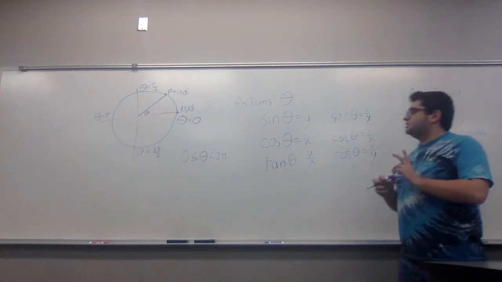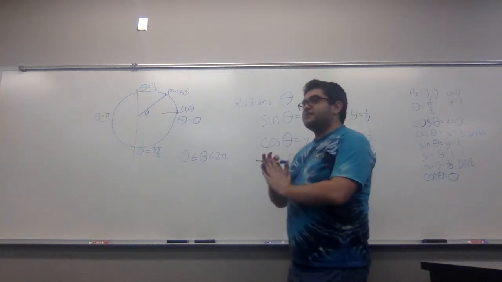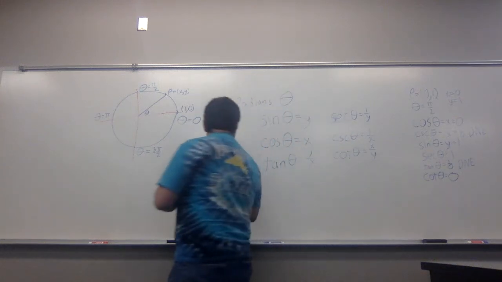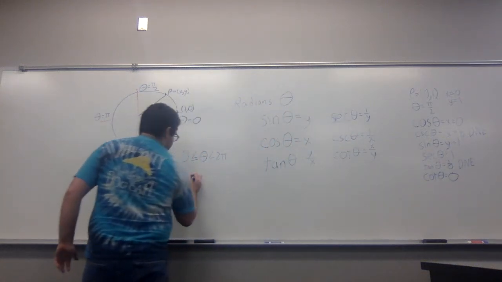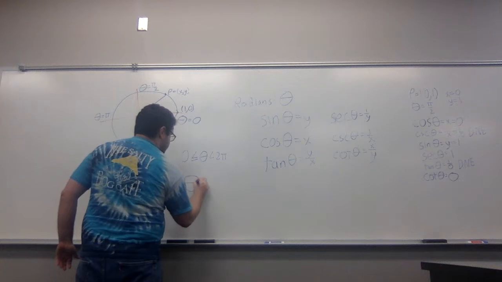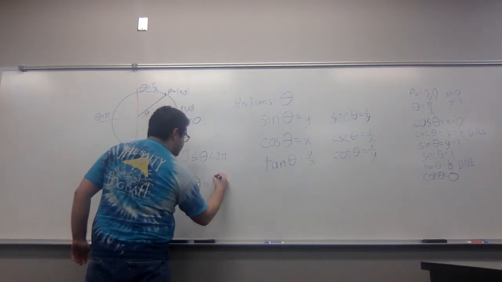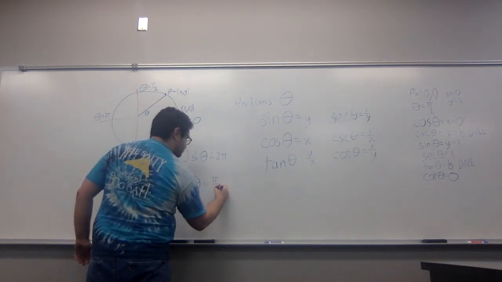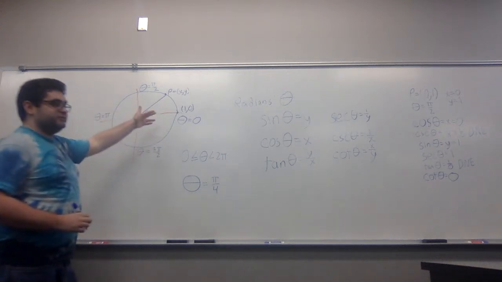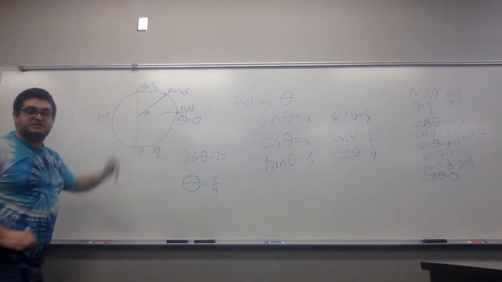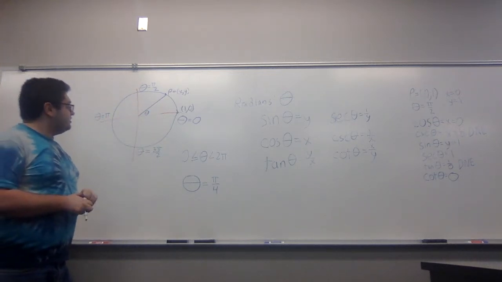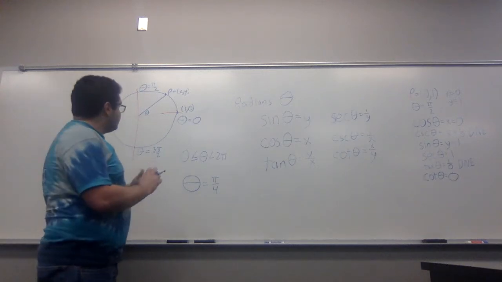So now, let's say we get to a point where we have something like theta equals, we'll just say, pi over 4. Which wouldn't be one of those nice ones that just has 1 and 0 in it.